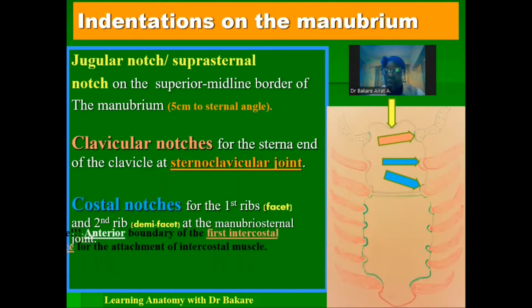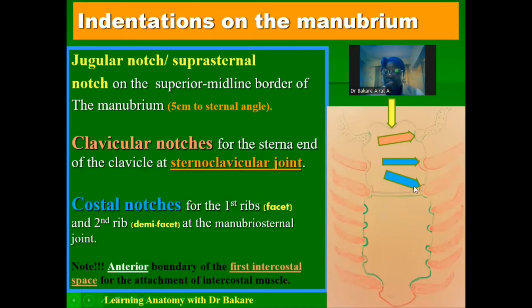Also to add that we have the anterior border of the first intercostal space. We have the intercostal spaces around this region between the upper and the lower costal cartilages and the corresponding ribs. But the anterior border of the first intercostal space is what is seen at the lateral border of the manubrium.